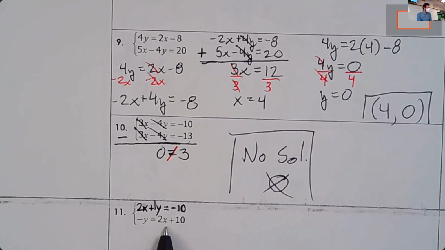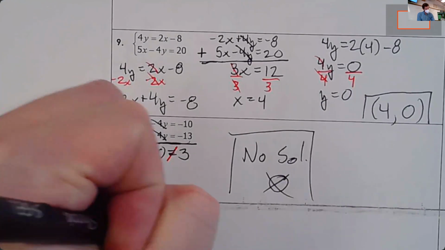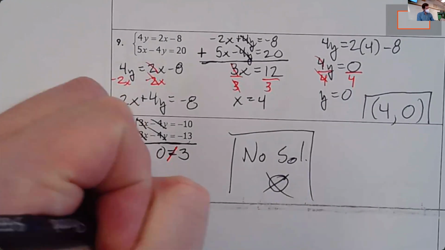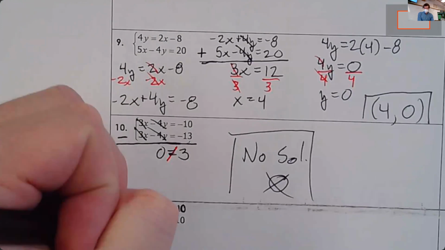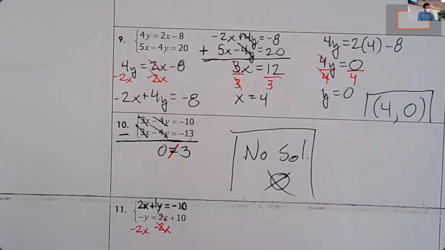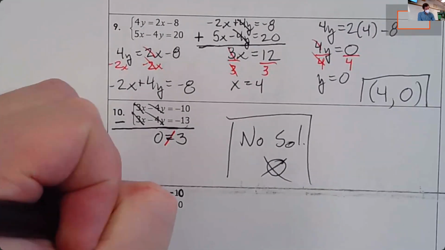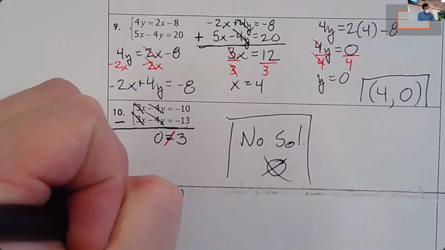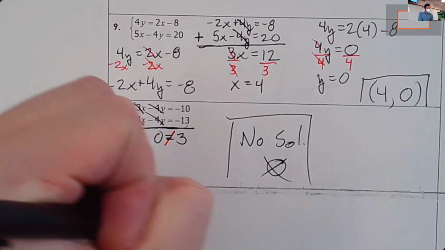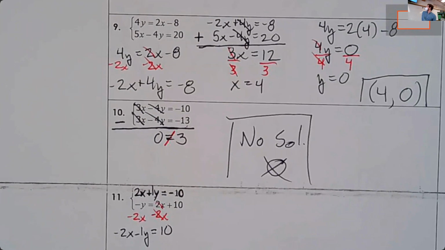So we're going to move this 2x over to the left-hand side. So we're going to take away 2x from both sides of the equation. So minus 2x. And then when you write your equation, write the x first. So that'll be negative 2x minus y, or minus 1y, equals 10. And so now we have x's and y's both on the left-hand side, the regular number on the right-hand side.